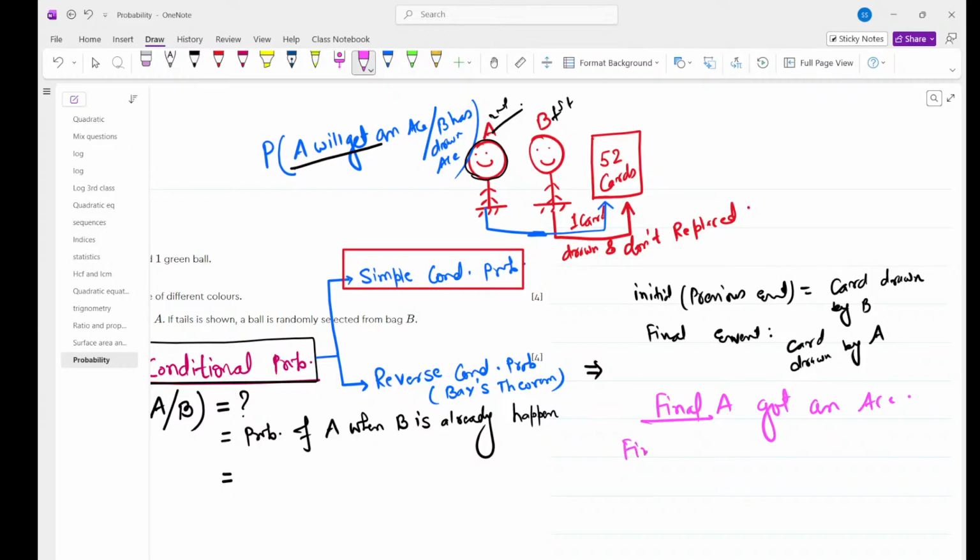Find the probability that B had also drawn an ace.